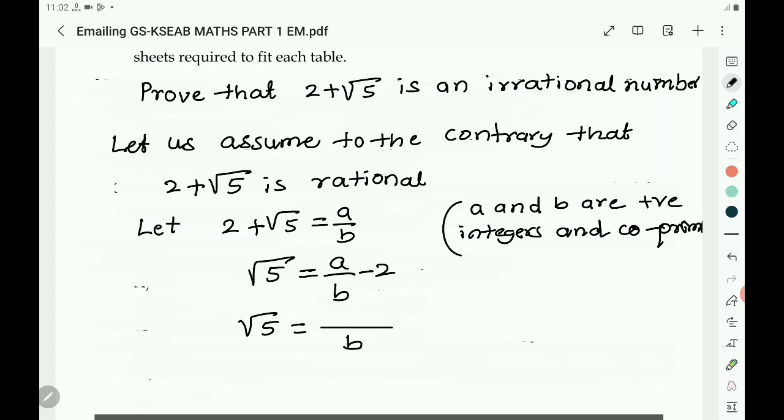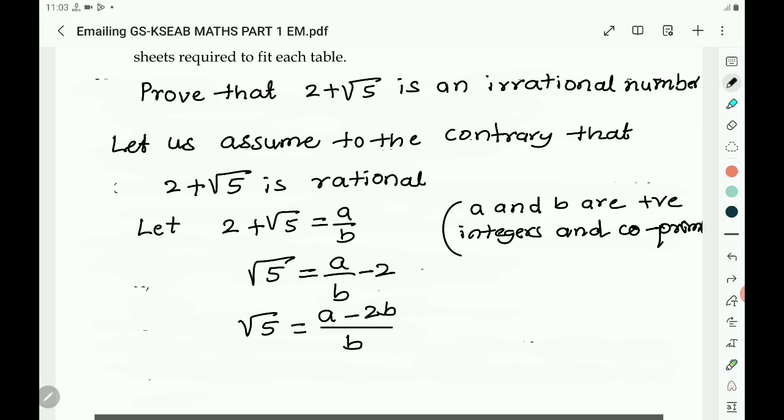LCM is b and the numerator becomes a minus 2b. Here a and b are integers. So a minus 2b by b is rational.